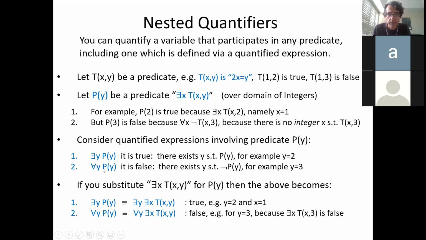Now, nested quantifiers are nothing else than this type of thing. It's a quantified expression which itself is quantified. Because basically to say a number is even actually is a quantified expression.